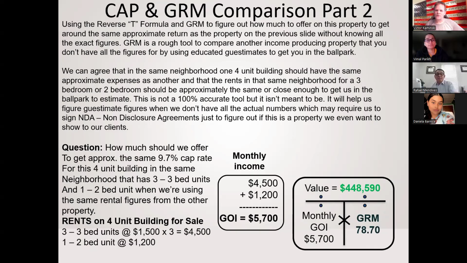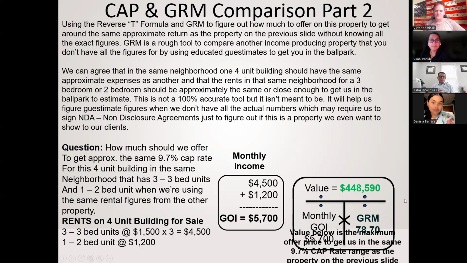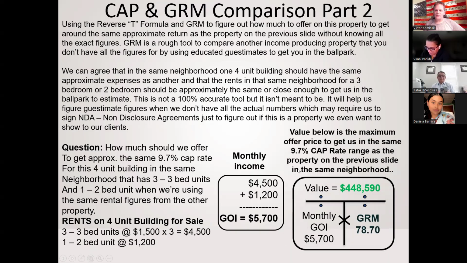See how this tool can be useful when you don't have any of the figures and we just guessed based on what other buildings are going for in the area, what the rental rates are going for in the other buildings in the area. All right. So the value below is the maximum offer price to get us in the same 9.7% cap rate range as the property on the previous slide in the same neighborhood.